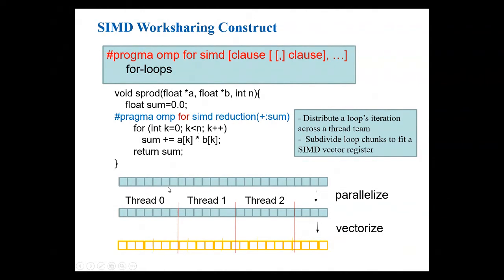So each thread will work on part of it, and within each thread, it can cut the workload it has into chunks, and each chunk will be worked on by vector registers. It's something like this.